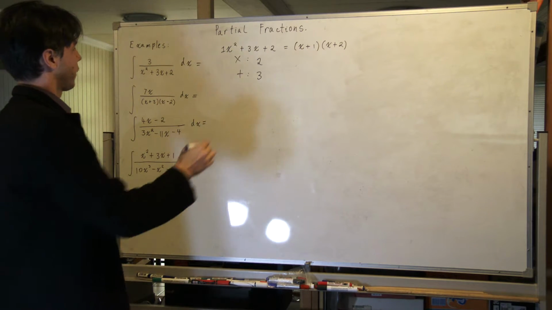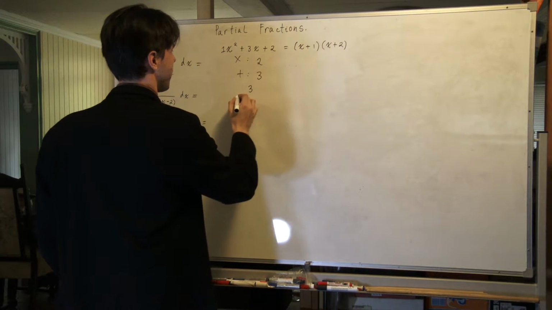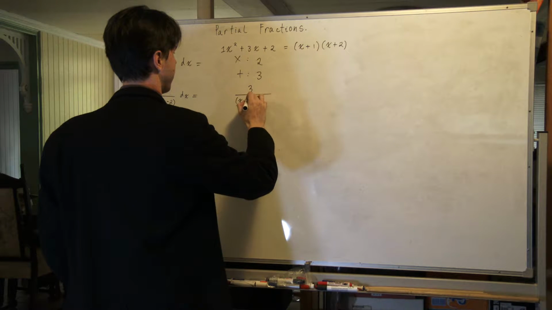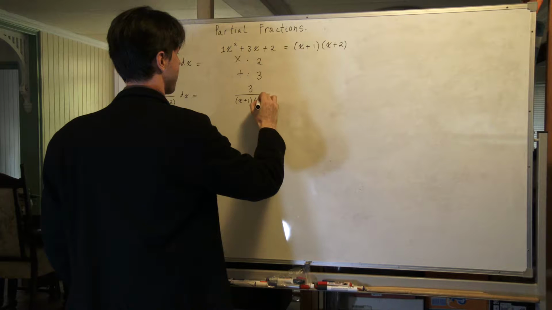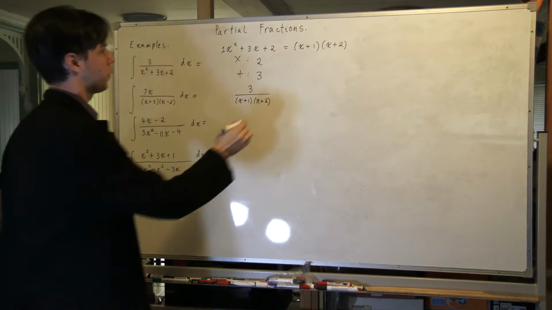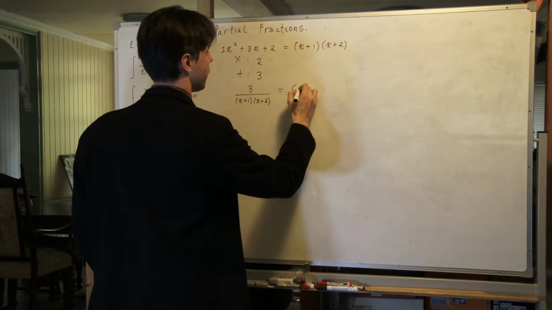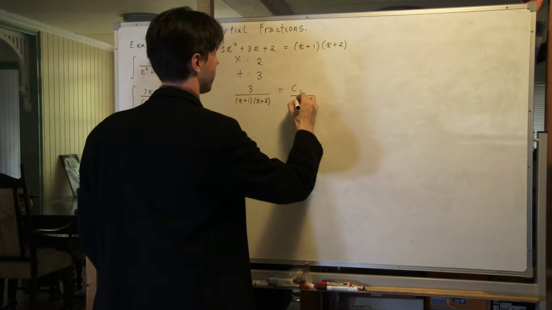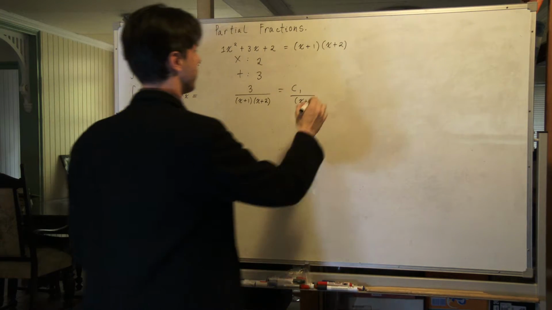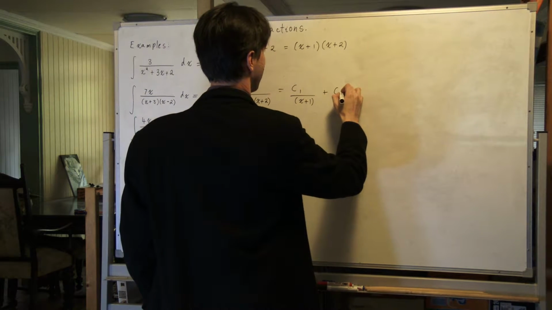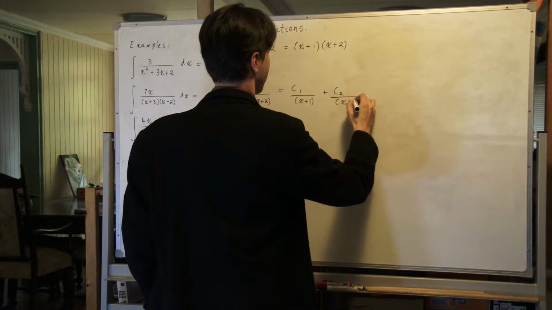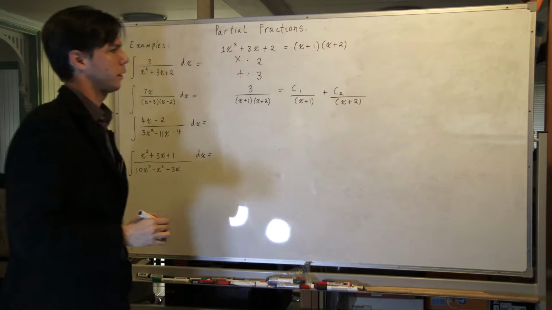And now I can write my fraction as 3 over the product of factors, and that is equal to some constant over x plus 1 plus some constant over x plus 2.